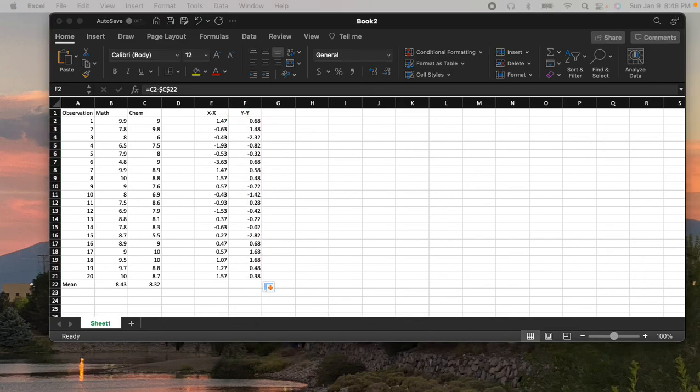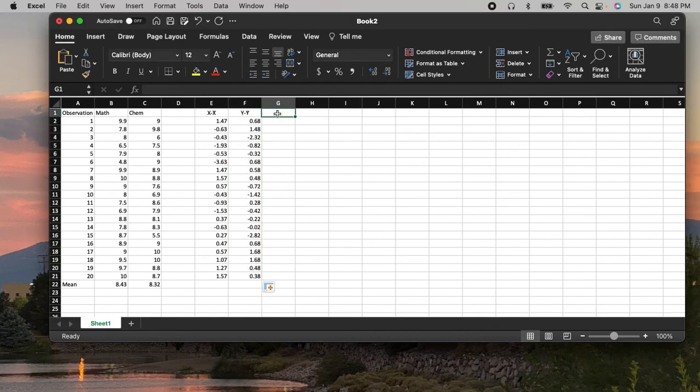Okay, so now I need to multiply my x minus x bar by my y minus y bar.